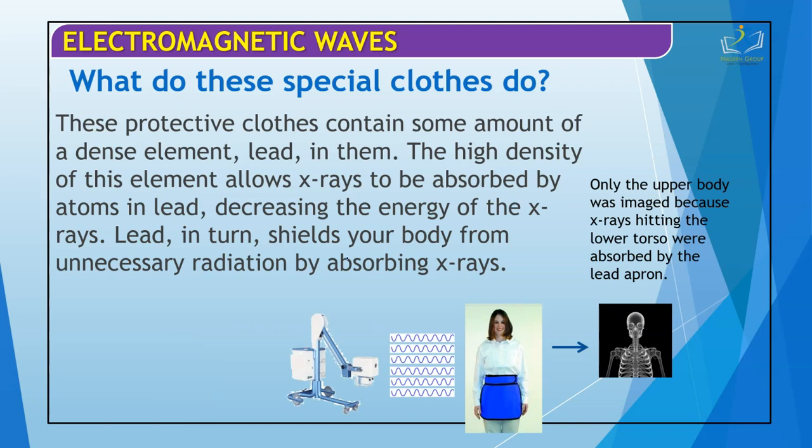So only the upper body was imaged because X-rays hitting the lower torso were absorbed by the lead portion. So a clear picture of your skeleton shows where the harm is, because X-rays don't pass through your bones. So only bones will actually be pictured in the final view. Where the X-rays actually pass, that area will be black.